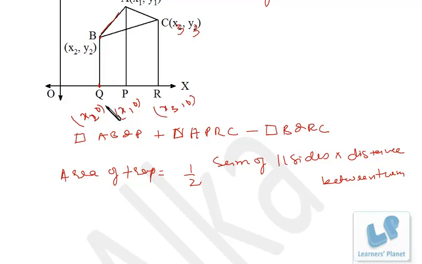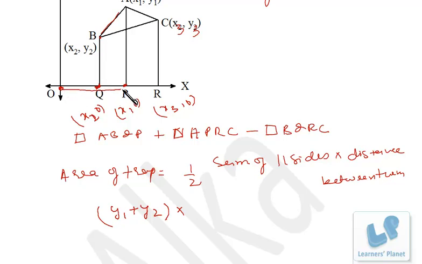So length of this is y2 and length of this is y1. So sum of parallel sides is y1 plus y2. Distance between them, that is QP. From this point to this point it is x1 and from this point to this point it is x2.